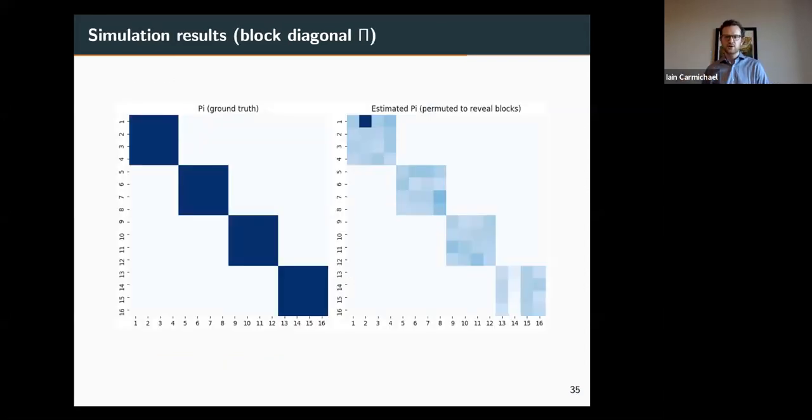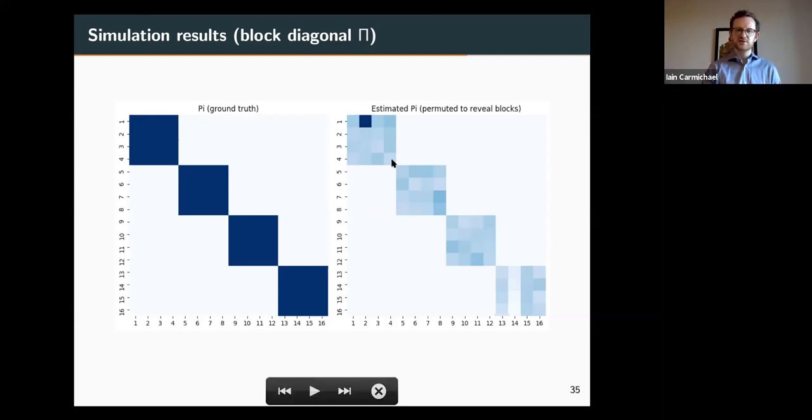So how do we do in simulations? Well, on the left, I'm showing a ground truth pi matrix. Our data, I think in this case, is just Gaussian mixture models, 2 views, 10 features in each view. And I think this was probably 1,600 samples. And on the right, we get the estimated pi matrix. So it's not perfect.